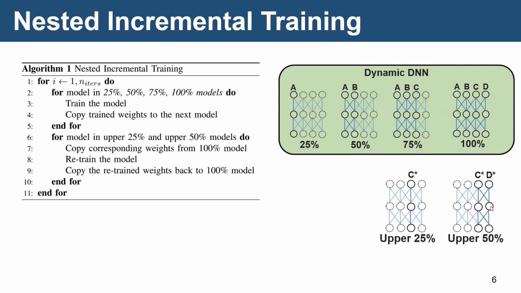We train this model, and finally we copy the retrained upper 50% of the model weight back to the 100% model. We do this process in multiple iterations so that the final model is tuned to support the decoupling between the lower 50% of the model weight and the upper 50% of the model weight.